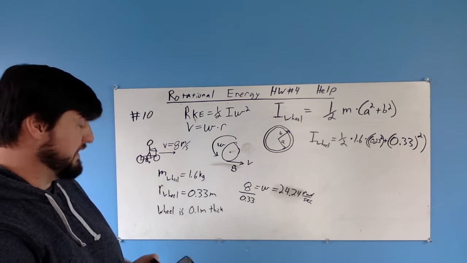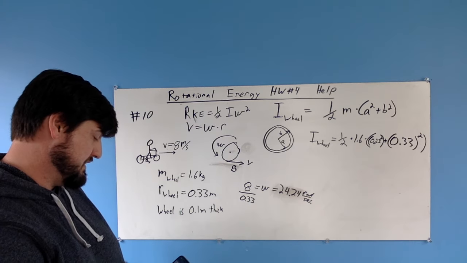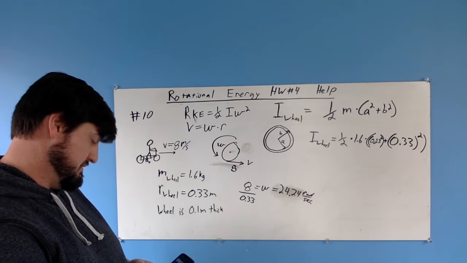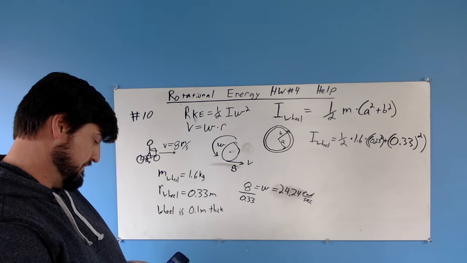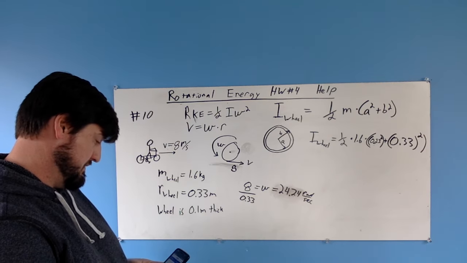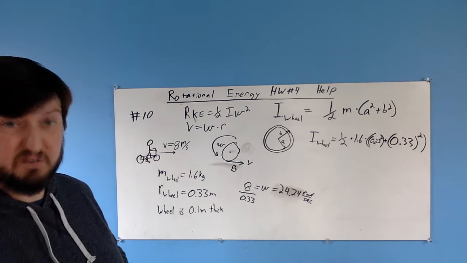Okay, so here we go. I got 0.5 times 1.6 times, and the parentheses around all this fun stuff. Sorry, if I hit parentheses twice on here, it changes it to a bracket.